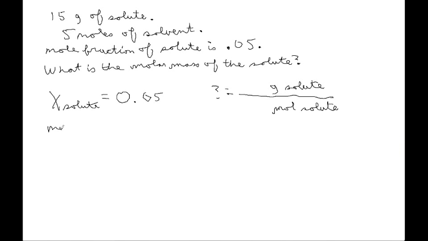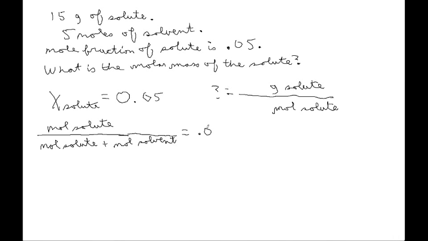We're trying to figure out the moles, so mole fraction is equal to moles of solute divided by moles of solute plus moles of solvent, and that is equal to 0.05. And we know the moles of solvent, which is also 5, so we can cross multiply.